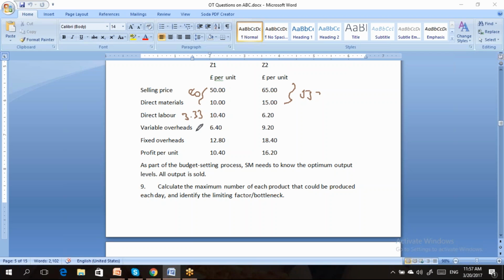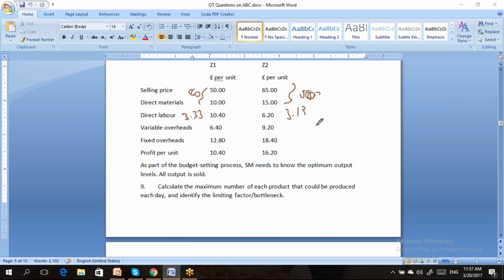Second one, what is the throughput contribution per minute? 50 divided by 16, which is 3.13.